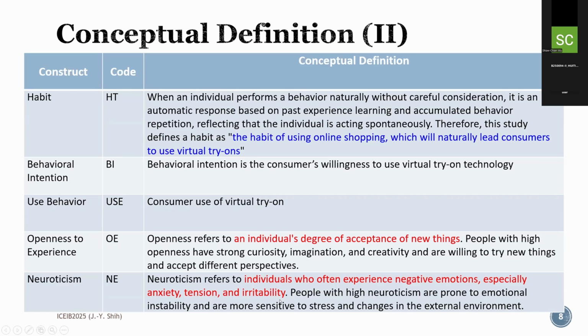And we assume that people with high neuroticism are prone to emotional instability and are more sensitive to stress and the changes in the external environment. So here we want to use openness and neuroticism to study their moderating effect on the relationships in our original model.